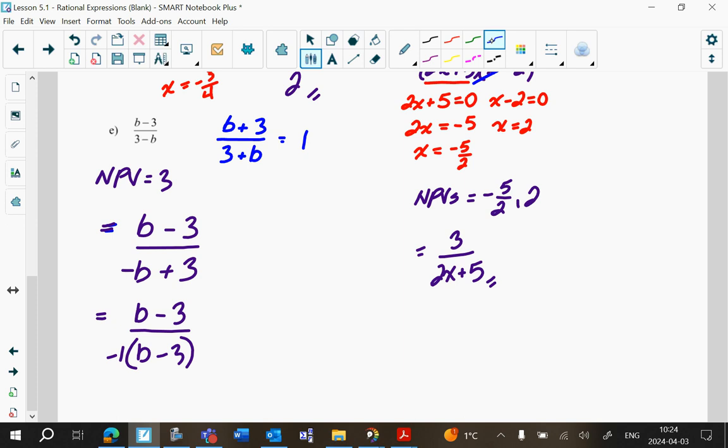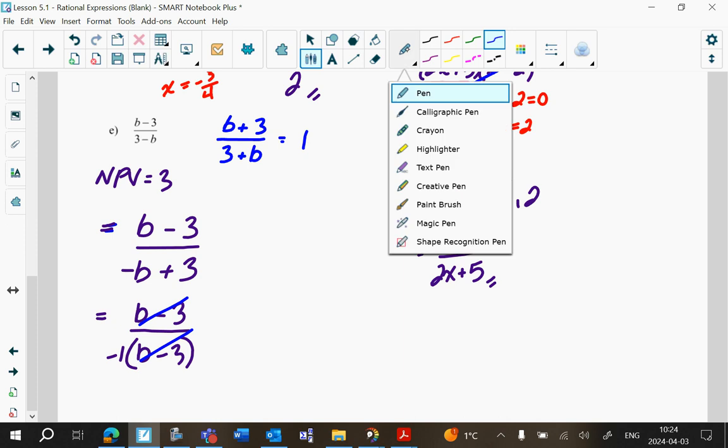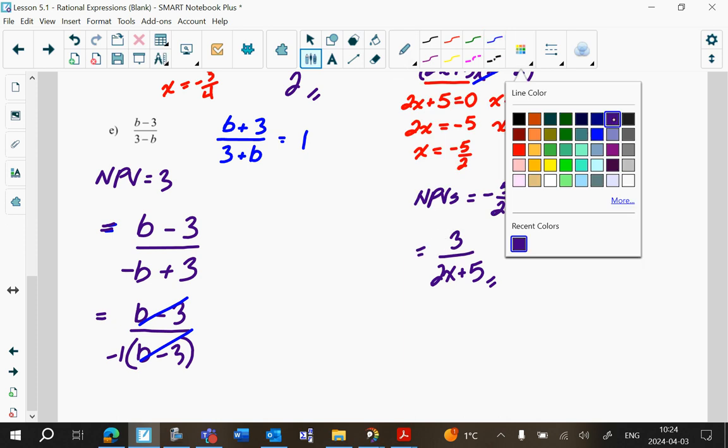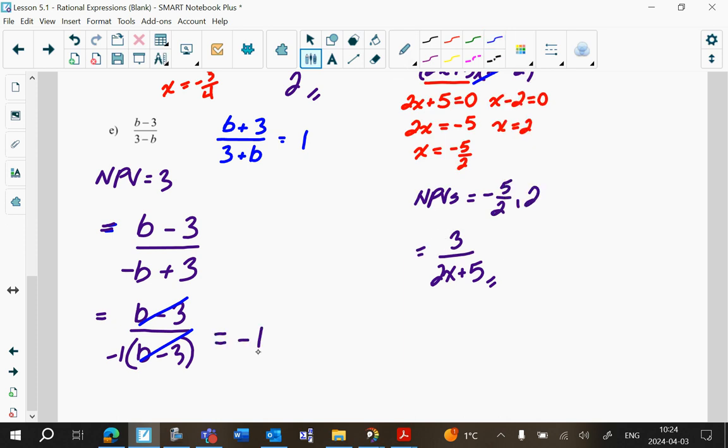Because I'm showing you why it works that way. It's not just about tests. So yes, when you've got a question like this, when they are the same but reversed by subtraction, it'll always reduce to -1.